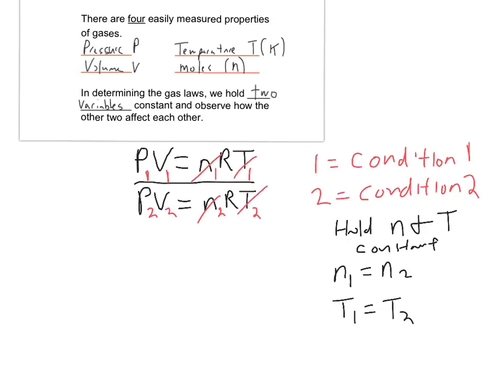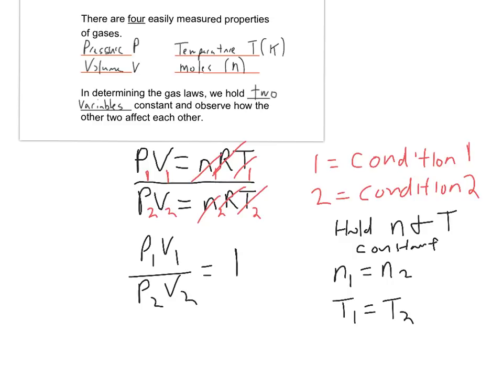If n1 is equal to n2, it's the same number, and any number divided by itself is equal to 1. The gas constant we'll talk about a little bit later, but it is a constant. R is equal to R, so those cancel. So we get P1 V1 over P2 V2 is equal to 1.